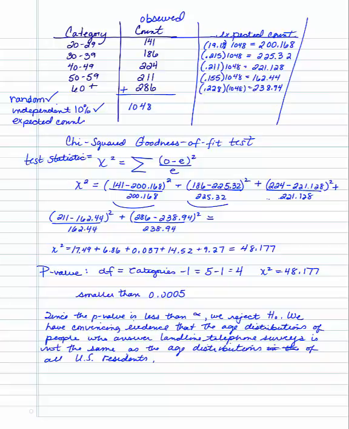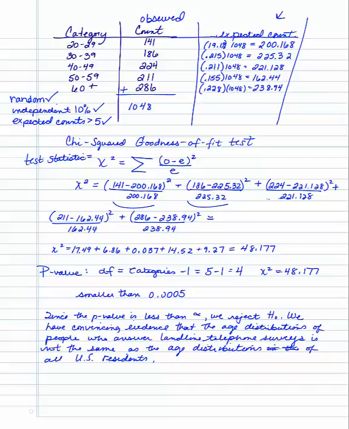Now, for this sample size, we have to make sure that the counts are greater than 5. It's got to be the expected counts are greater than 5. So when you look at our expected counts, they're all almost 200. So that definitely works as well. And that's another reason why you have to have all of them listed, is because you're trying to also check the condition as well.